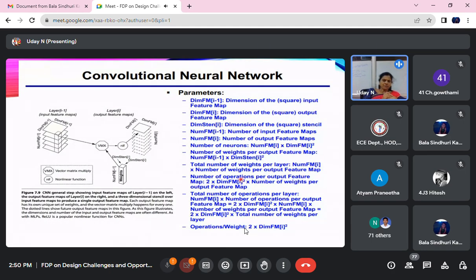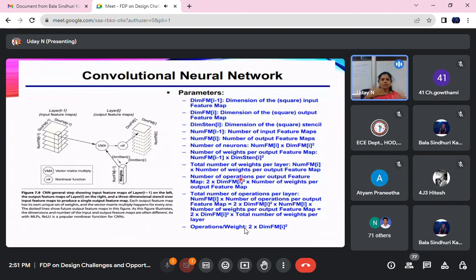So the total number of weights per layer will be the number of feature maps into the number of weights per output feature map. Like that, the computational complexity: the total number of operations per layer has increased to 2 into the dimensions of the input feature maps whole square into the number of feature maps whole square into the number of weights per output feature map.